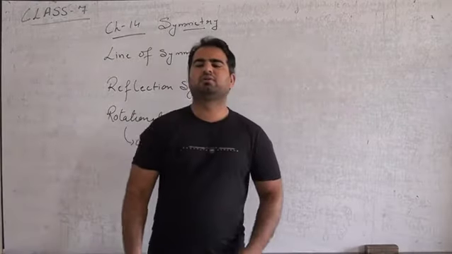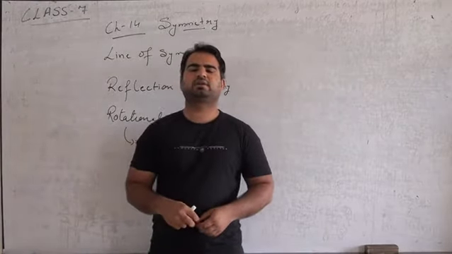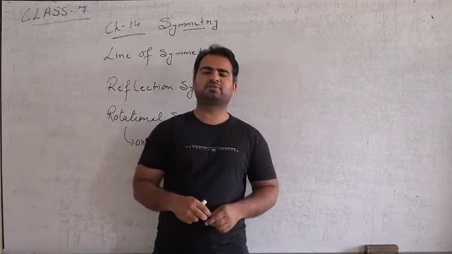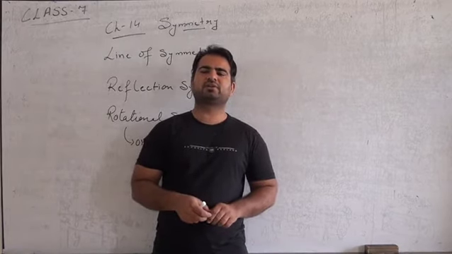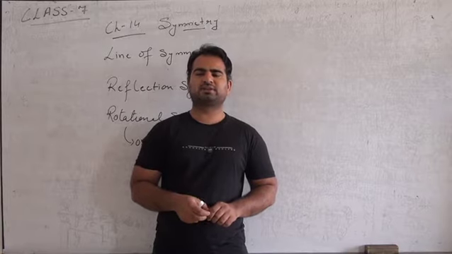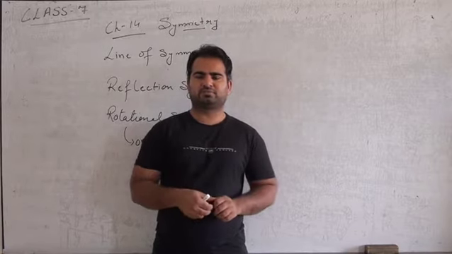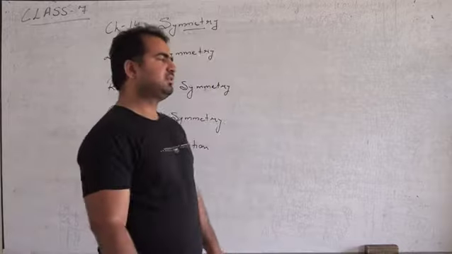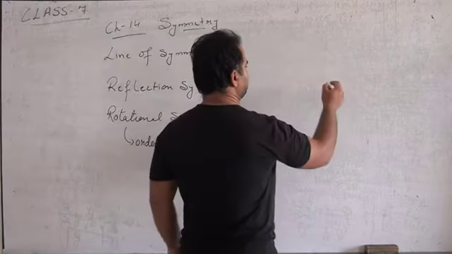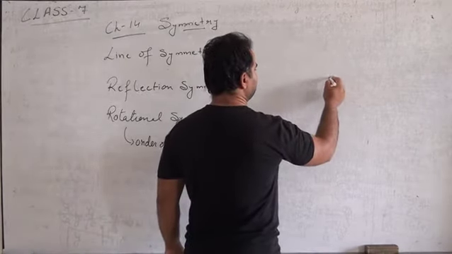Okay. What will happen if we place a horizontal mirror or a vertical mirror along the side of an object, like G?